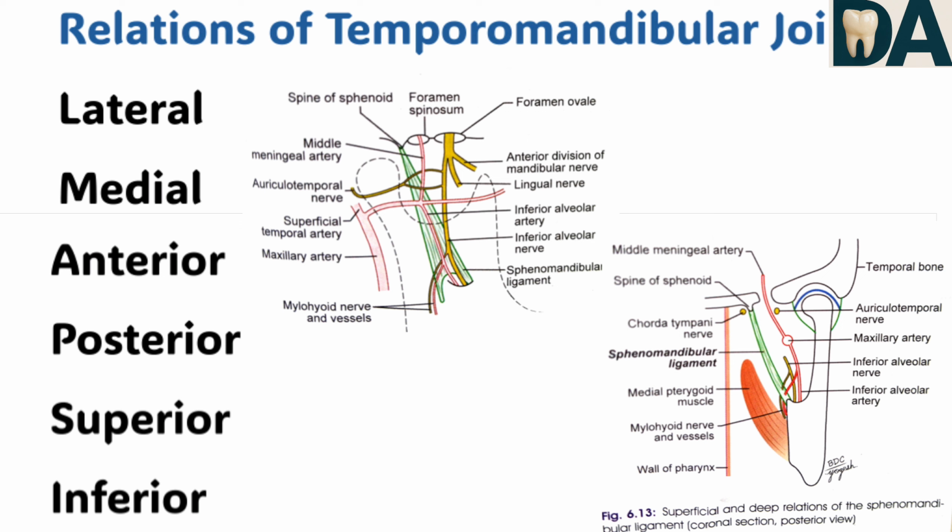What is the lateral relation? Laterally, there is skin and fascia, the parotid gland, and the temporal branch of the facial nerve.